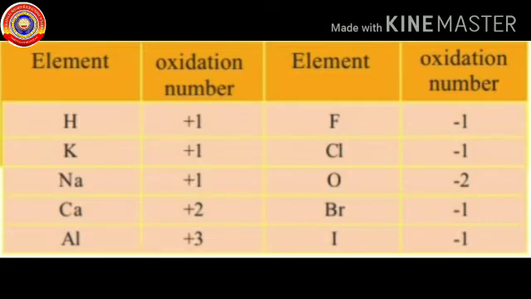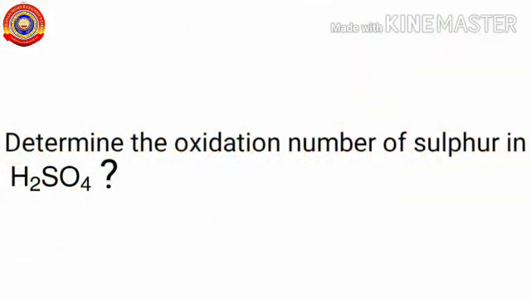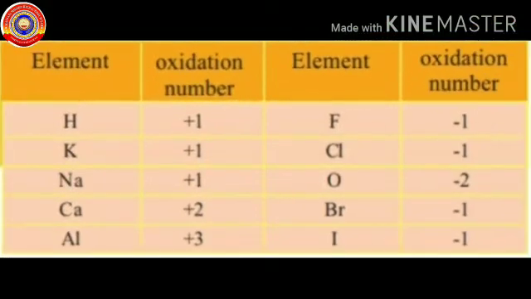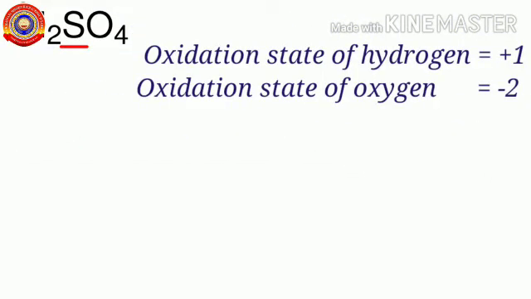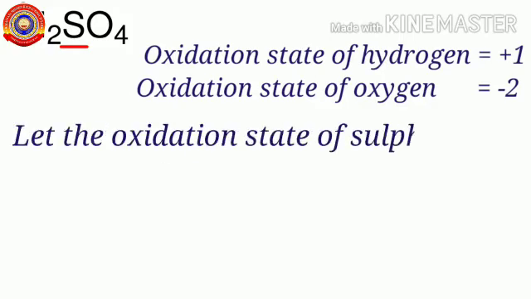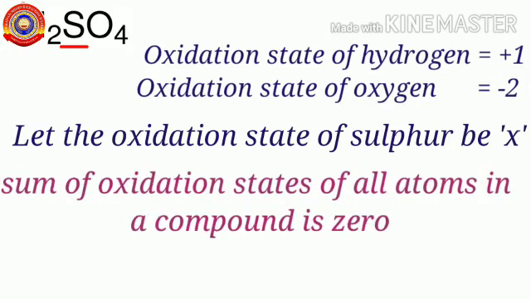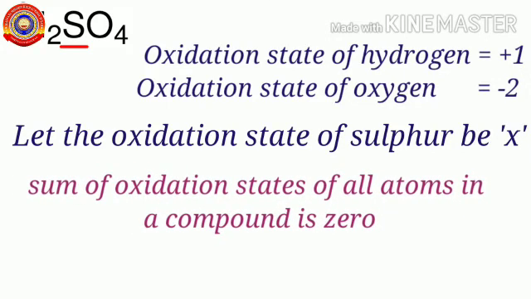Using this table, let us find out the oxidation number of sulfur in H2SO4. From this table we know the oxidation state of hydrogen and oxygen. Let's write the oxidation state of hydrogen as +1 and that of oxygen as -2. Consider the oxidation state of sulfur to be X. We know the sum of oxidation states of all atoms in a compound is 0.